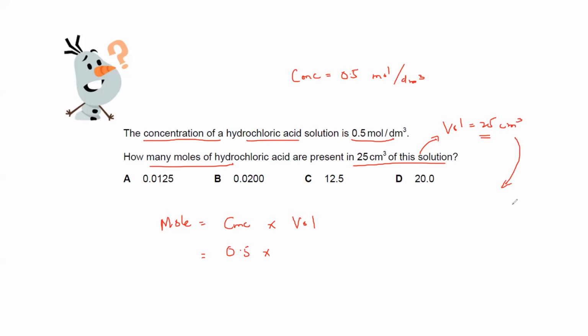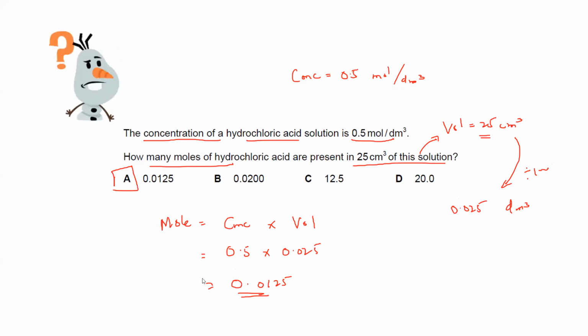You have to convert into dm cube, so divide by 1000, so 25 divided by 1000, that's 0.025. So when you multiply these two numbers, 0.5 multiplied by 0.025, your final answer will be 0.0125. So it matches with which option? It matches with A. Is this example clear?